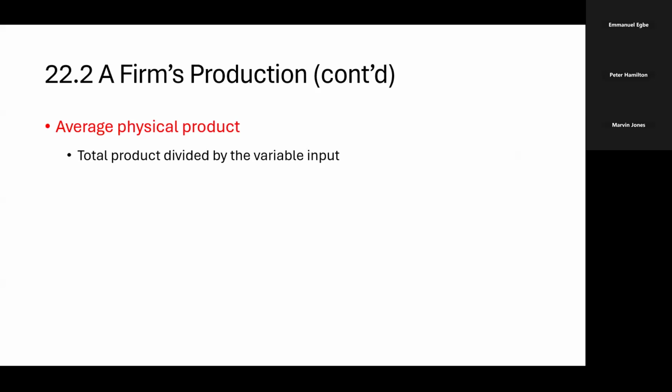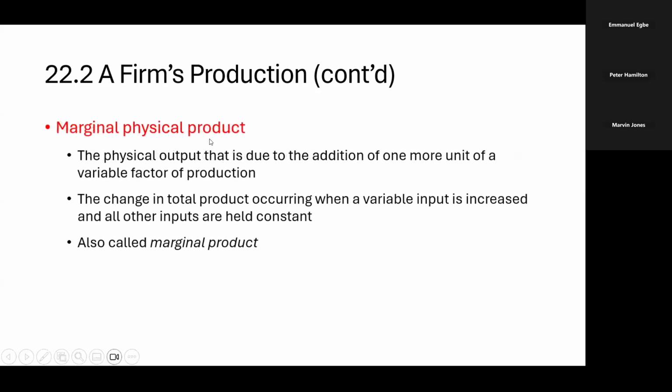Now, in order to achieve production, you have to expend inputs. So each time an input is made, production takes place. The outcome is a production output. And so in order to understand what we're going through, we would talk about average product, average physical product, which is the total product divided by the variable input.